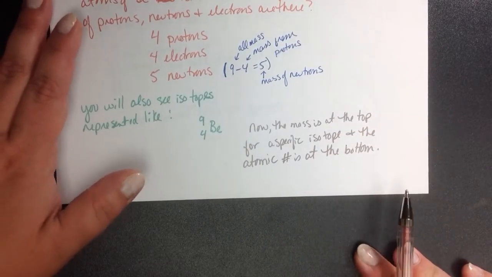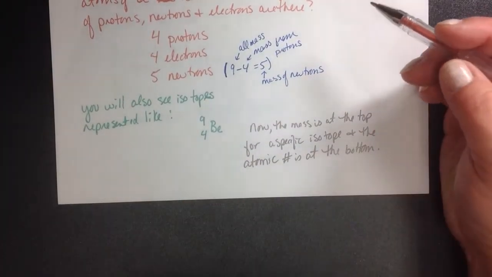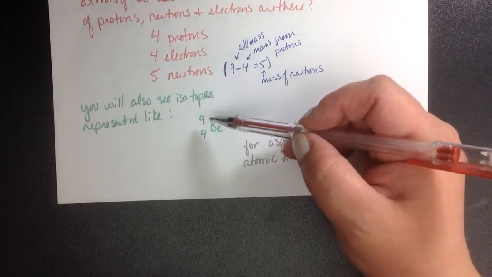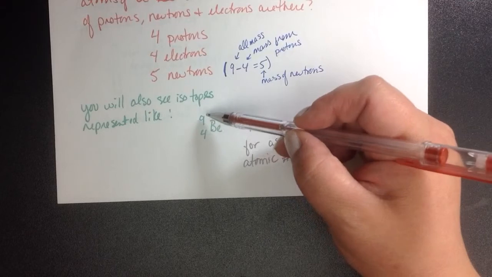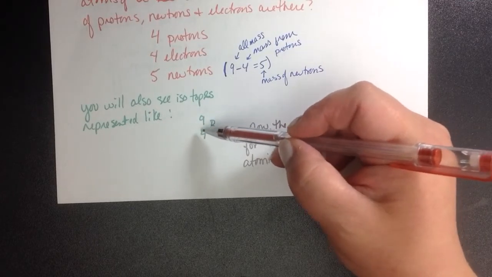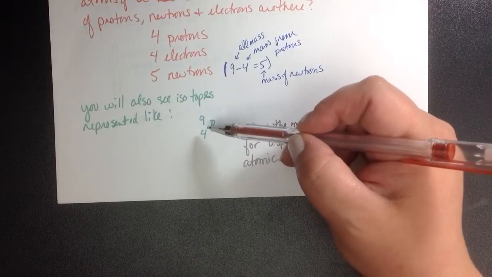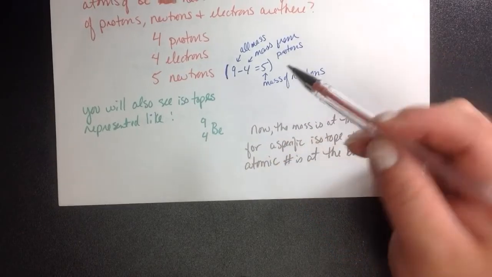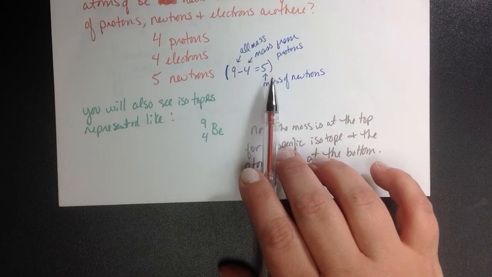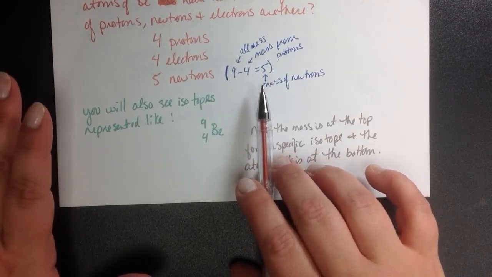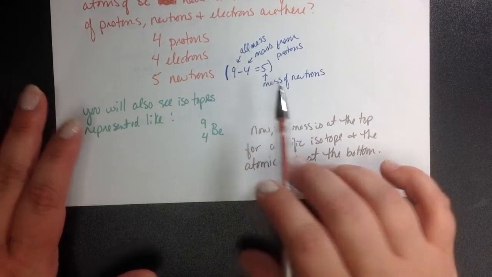A lot of times we just sort of round that up because you can't have a part of a neutron. But all you have to figure out for neutrons is, okay, my atomic mass is 9. My atomic number is 4. This tells you how many protons you have. So 9 minus 4 is 5. So that's how you know how much mass is contributed from neutrons. Okay.